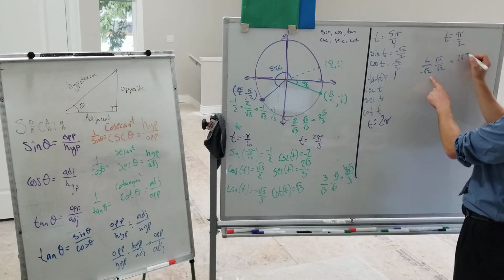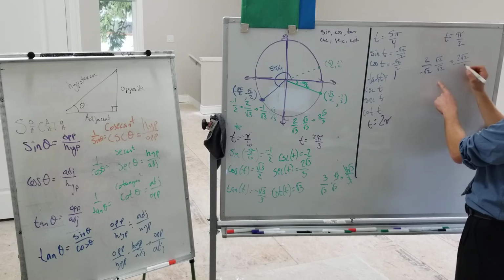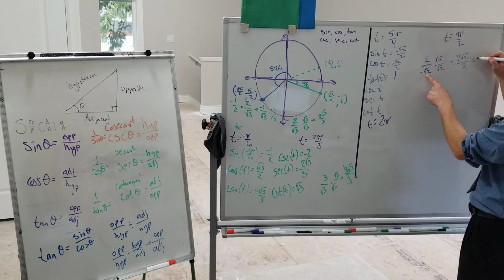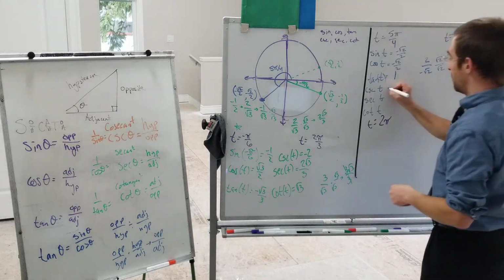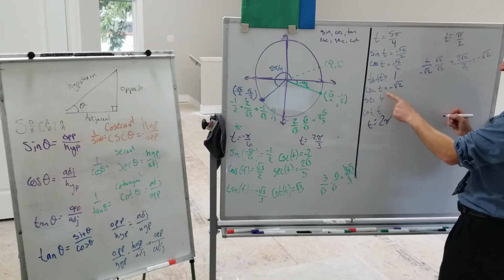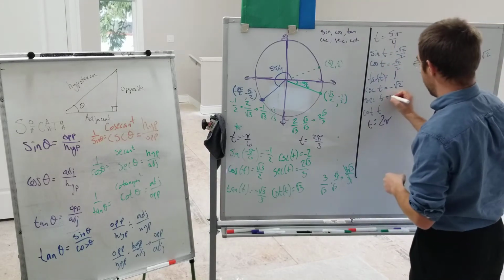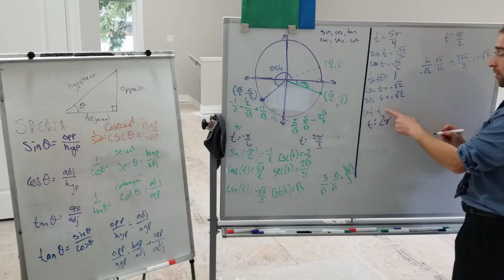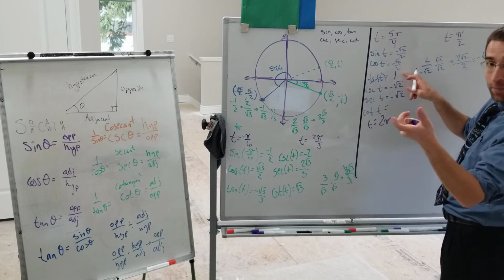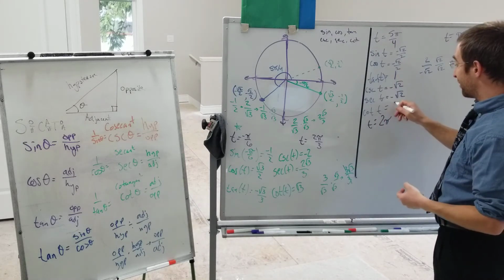This gives me negative 2 square root of 2 divided by 2, because root 2 times root 2 is 2. The 2s cancel, and we just get negative square root of 2. Sine and cosine are the same, so cosecant and secant are the same. And then tangent is 1, so the flip, 1 divided by 1, is just 1.